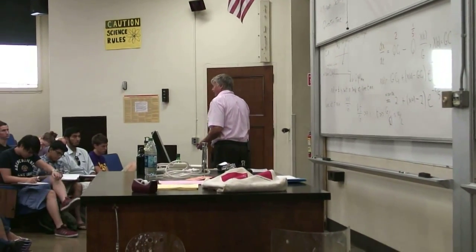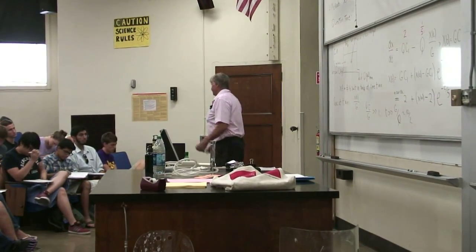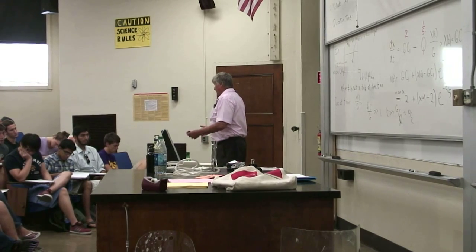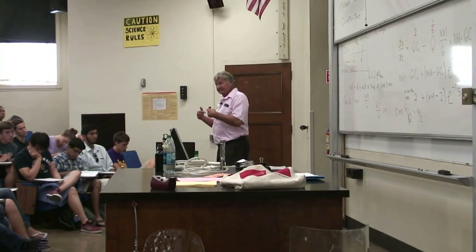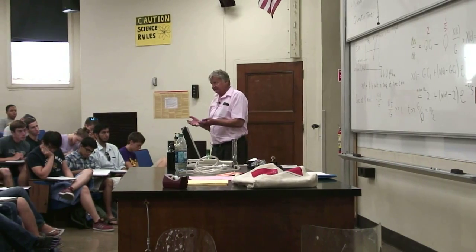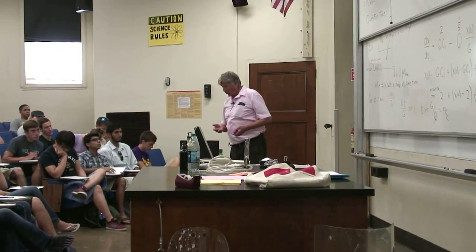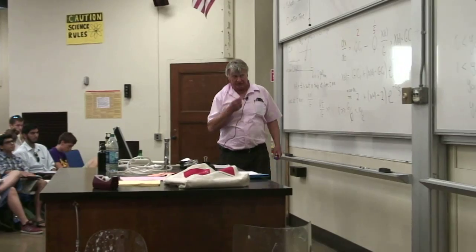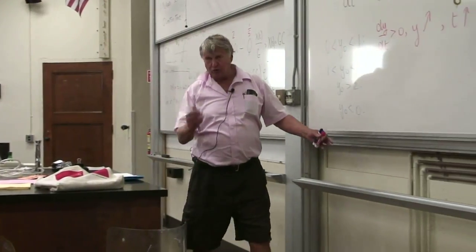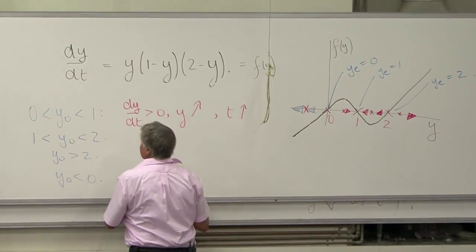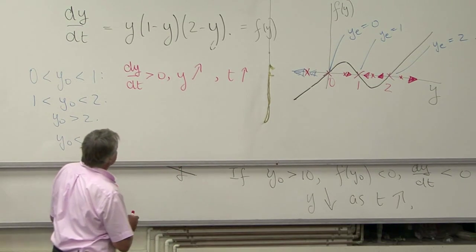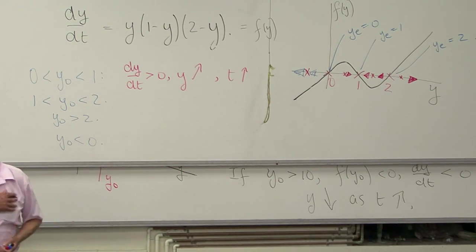Okay? So now, for autonomous equations, you have a powerful tool. By just drawing a graph of the right-hand side, you don't have to be solving it at all. You have a method of telling you exactly what to expect. And once you know what to expect, it's often much easier to actually compute the solution, either analytically or numerically. Let me write down the solution for you.